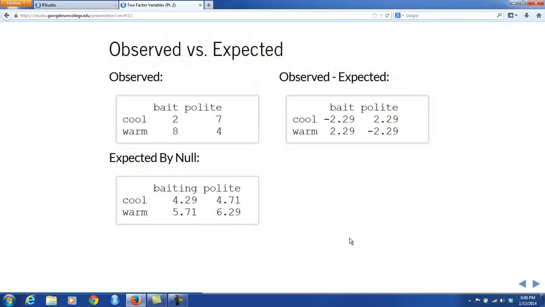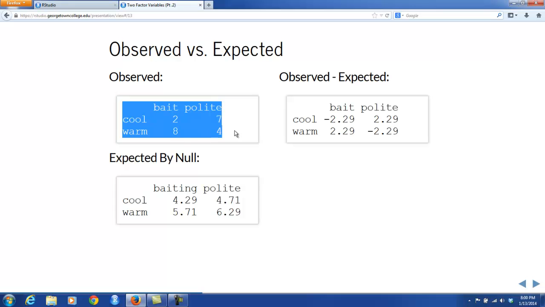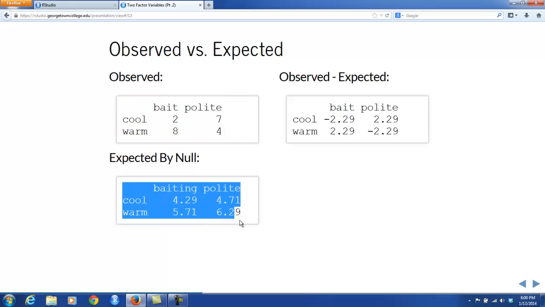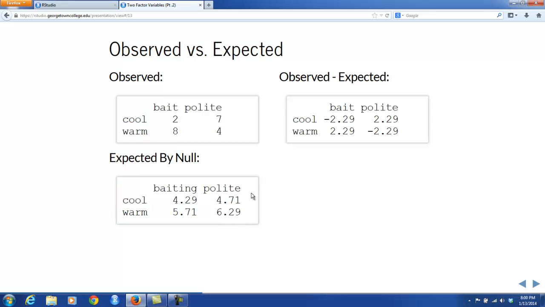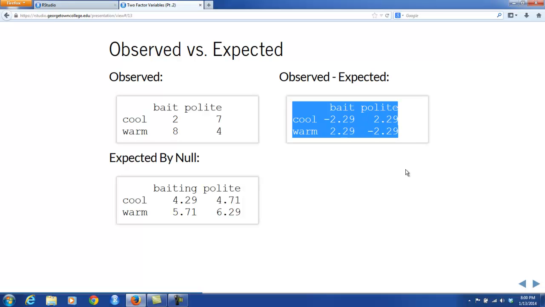So let's take stock of where we are so far. We observed this two-way table. If the weather and crowd behavior have nothing to do with each other, you expect to see about this two-way table. The difference between the two of them, just taking the observed and subtracting off the expected, gives you this two-way table.